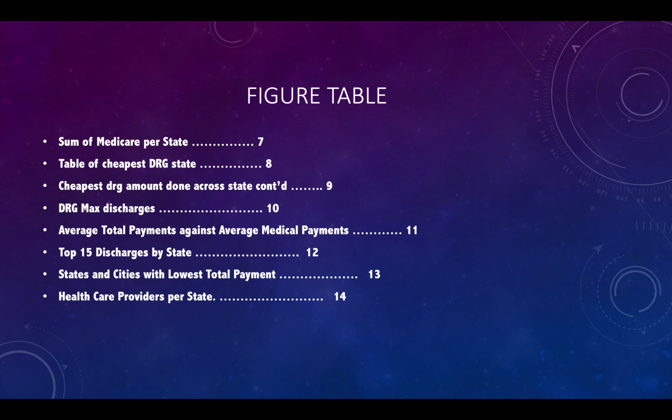It talked about the different charges involved in each DRG, the states involved, the providers involved, which are the healthcare providers, and also the cities, as well as the number of discharges that each of these providers have performed over a certain period of time.